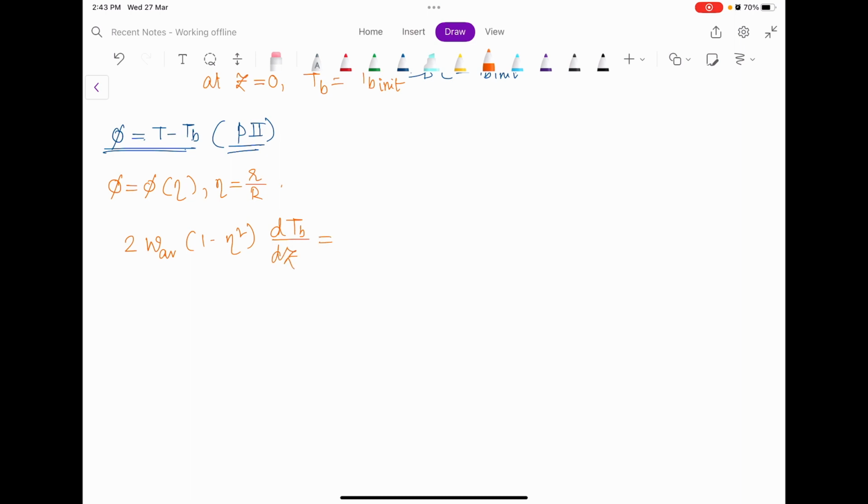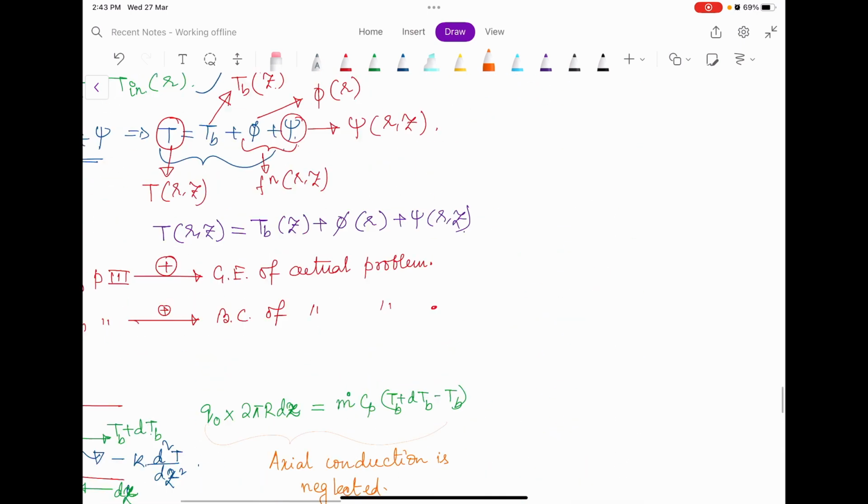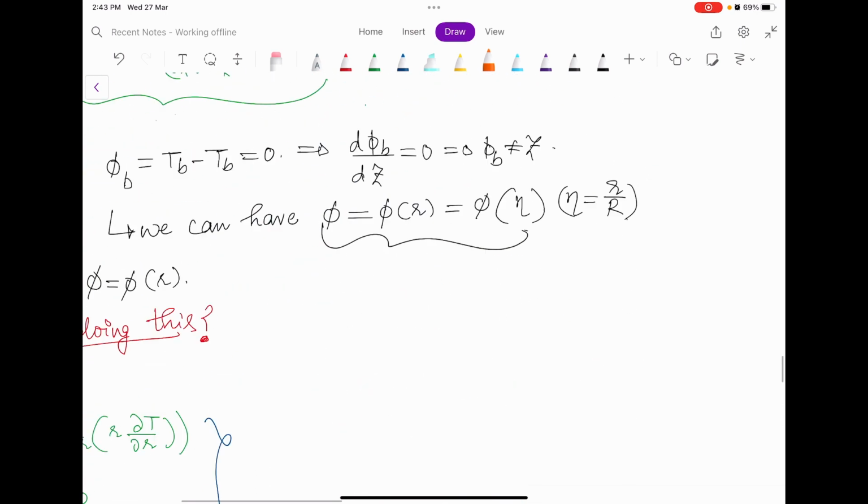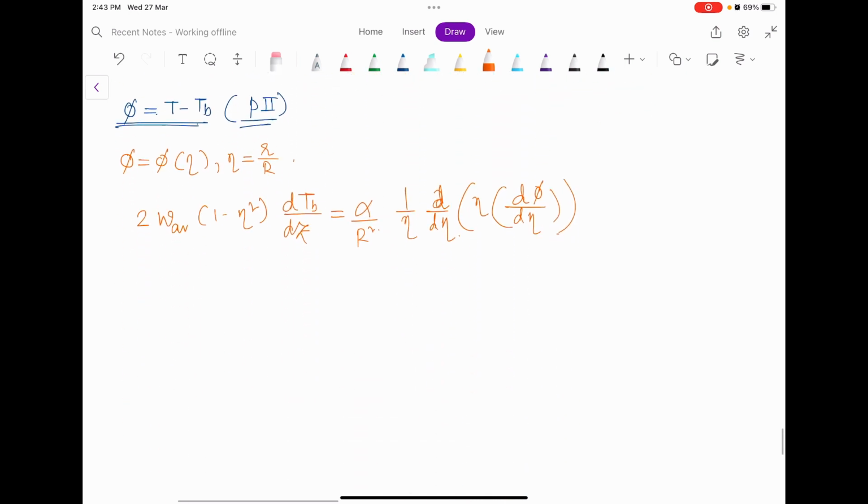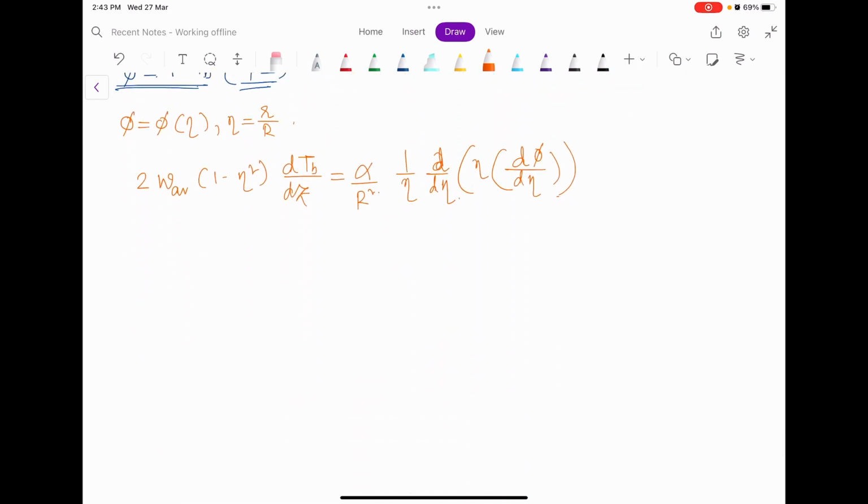This is equal to alpha by maybe R square, now 1 by eta, and d d eta of what? Eta into d phi d eta, right. I think I have written correctly. Yes. Okay, so now it is correct.